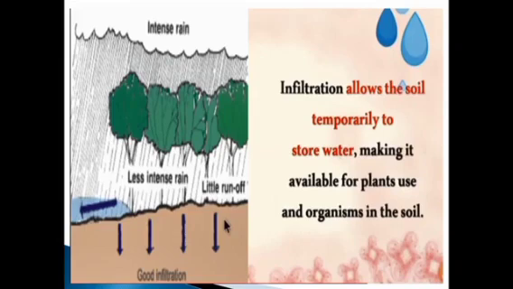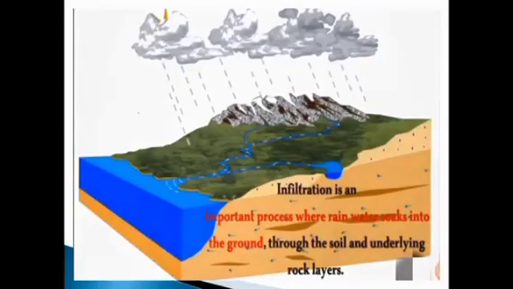So, infiltration is the process which allows the soil to store water temporarily for plants and other microorganisms in the soil. Then, infiltration is an important process where rainwater soaks into the ground through the soil and underlying rock layers.